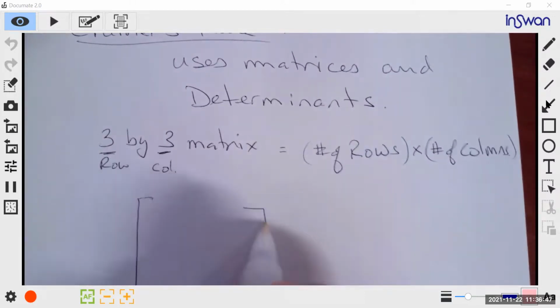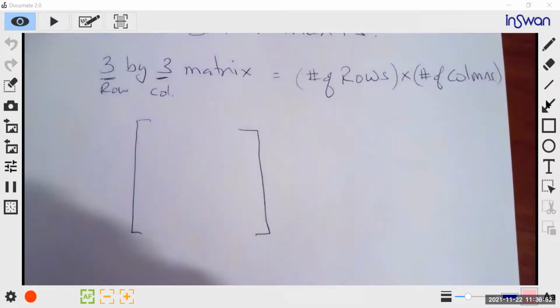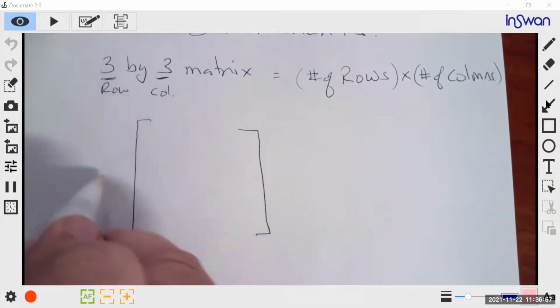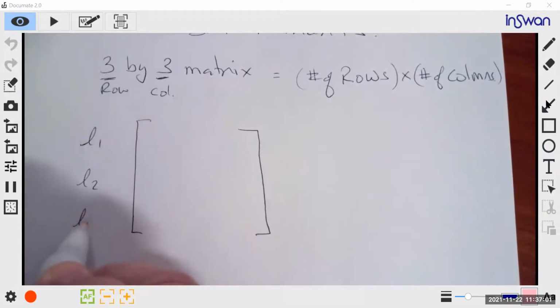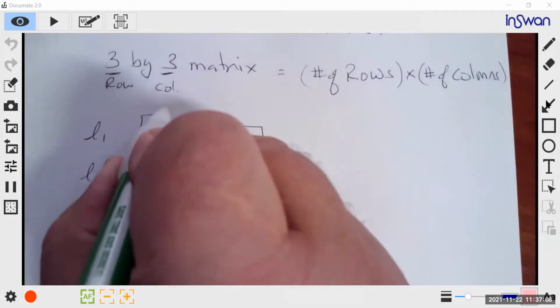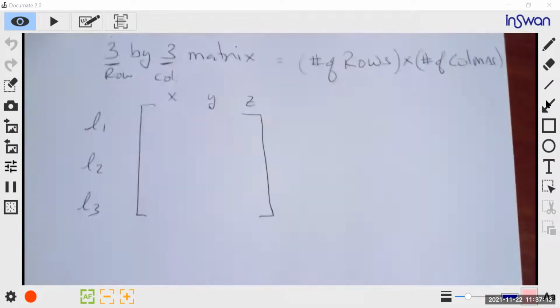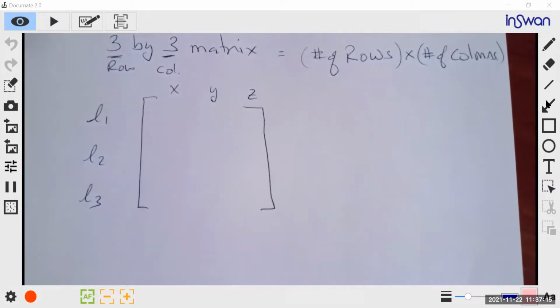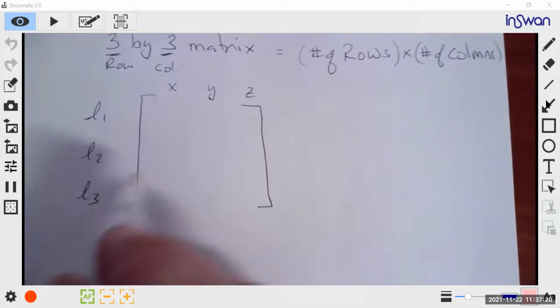And a matrix is written inside these brackets. Each row constitutes an equation. Each column represents the variable. The only thing that goes inside the matrix are numbers. There are no letters inside there.